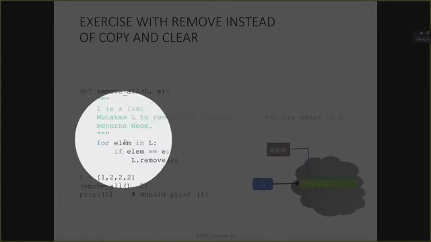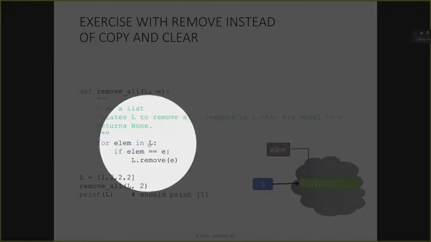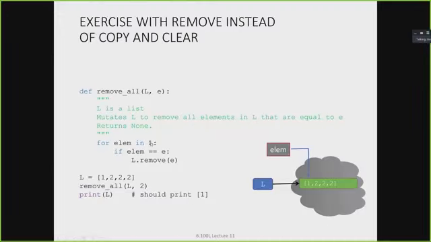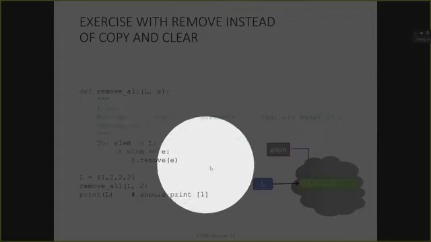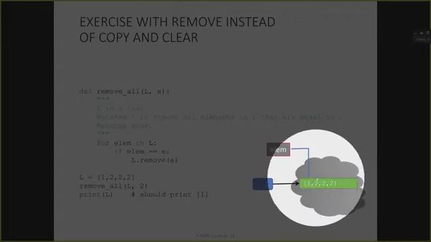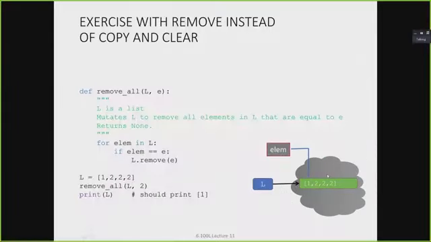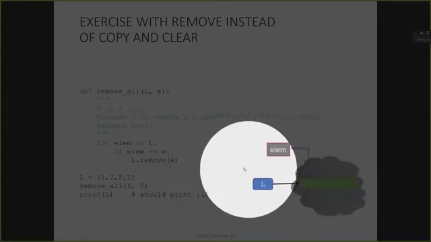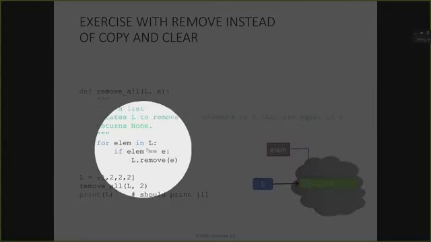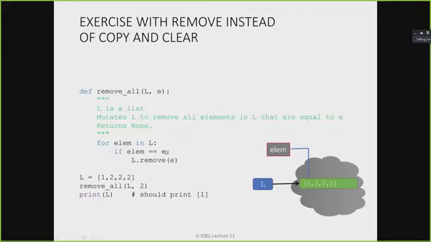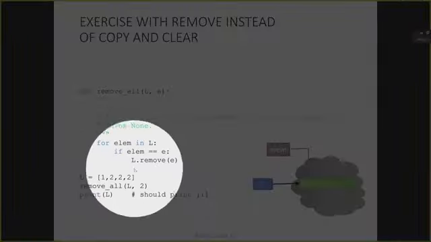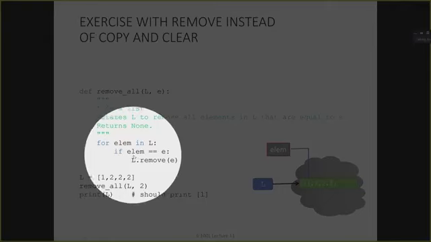I've got a for loop where my loop variable is called lm, and it will iterate through each element in my sequence, where my sequence is the list, all the elements in L. So first it'll be 1, then it'll be the next value in the sequence 2, and then 2, and then 2. All right, so here I've just got lm initialized to the first value in the sequence. If lm equals e, well, the 1 does not equal the 2, so then we do not remove anything.